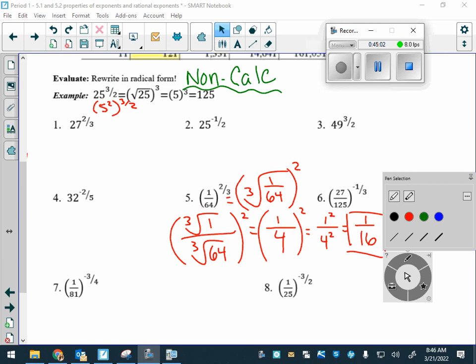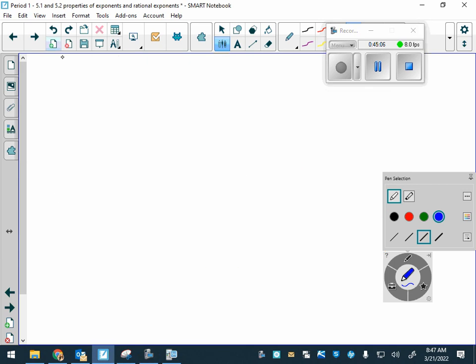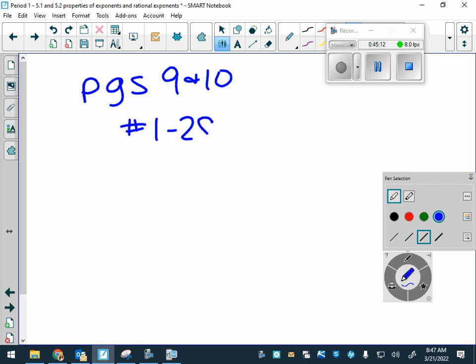Okay, so pages 9 and 10, 1 through 28, I believe. 1 through 28, yes.